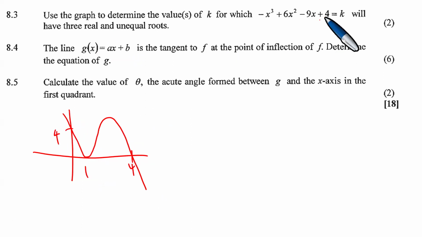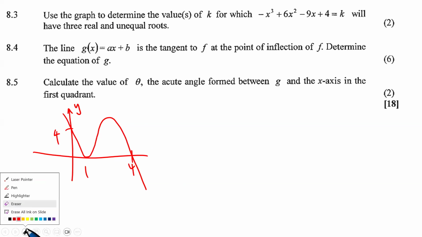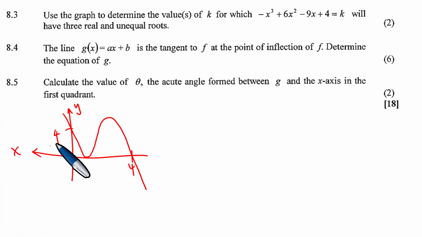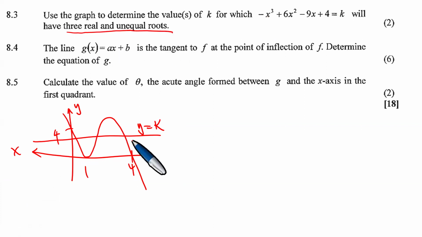We are interested in the line y equals k cutting through the graph. So if you have 3 real and unequal roots, what does this mean?